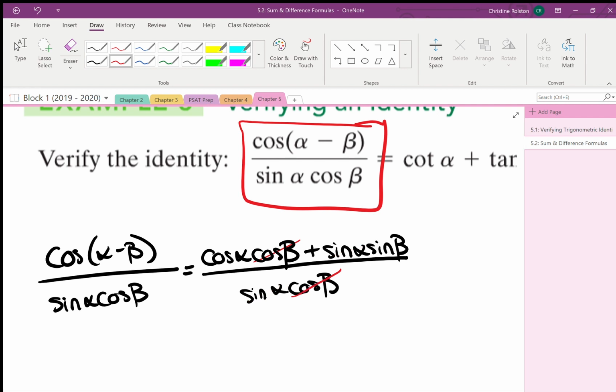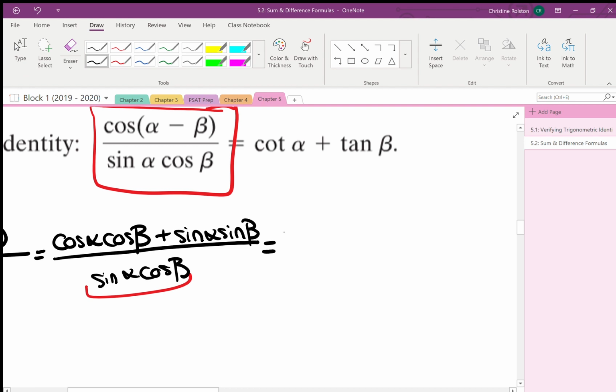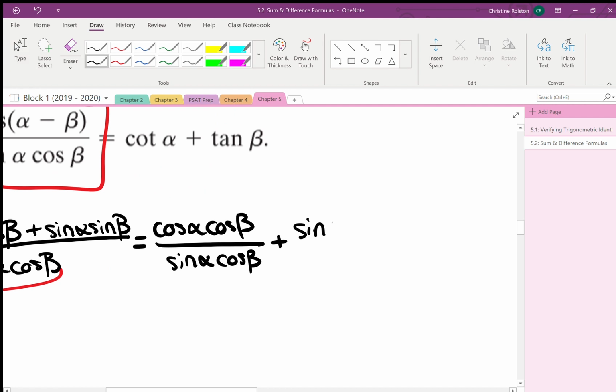Okay? We need to remember that we are dividing this from both pieces in the numerator. So technically I need to write this as cosine alpha cosine beta divided by sine alpha cosine beta plus sine alpha sine beta divided by sine alpha cosine beta.